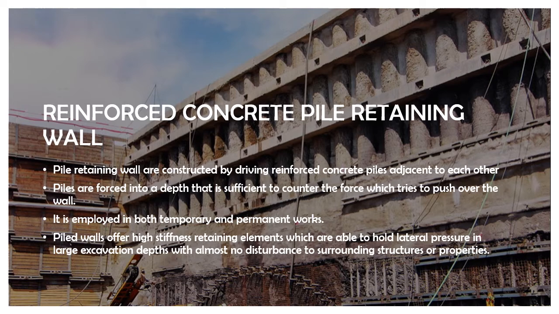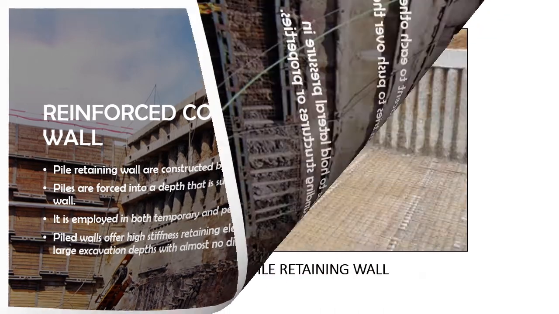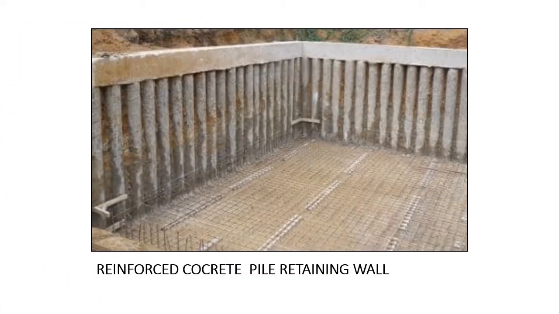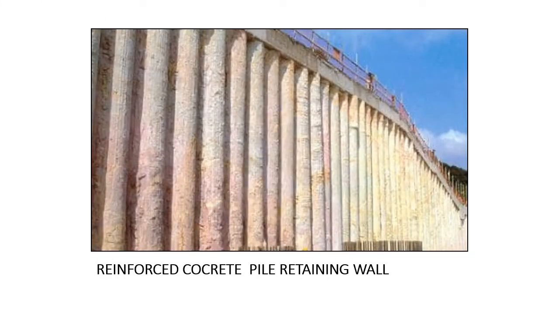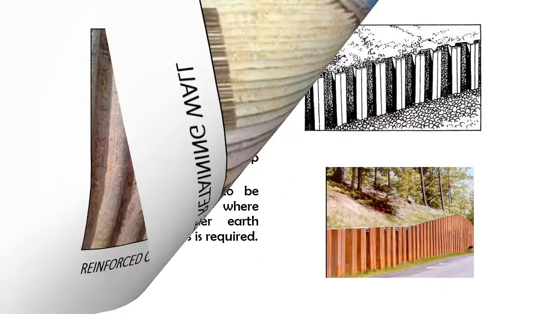Jadi pile sangat kukuh lah, dia punya stiffness dia is quite high dan surrounding structures ni takkan tereffect disebabkan oleh this pile retaining wall. This is the example of reinforced concrete pile retaining wall. As you can see, this is contiguous bored pile. Ini pun samalah jenis dia.